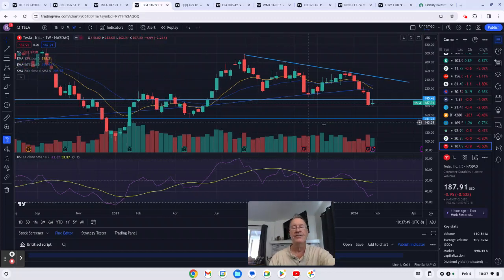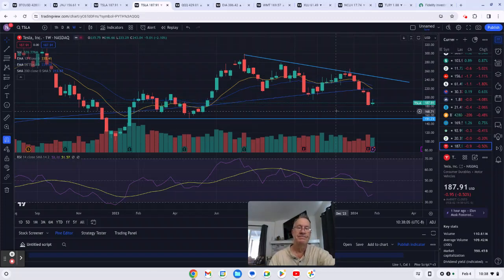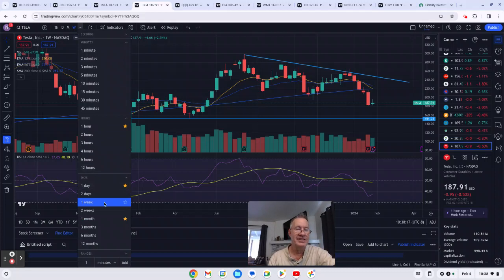But the second thing I'm going to introduce is the 2-week time frame. And the reason I'm going to put the 2-week time frame is that it was more clear as to how the bottom was set.